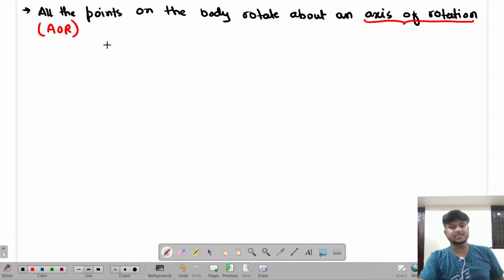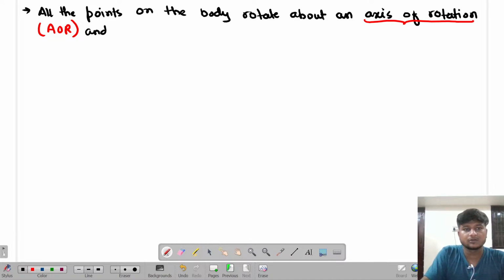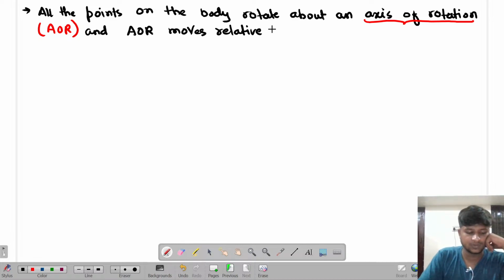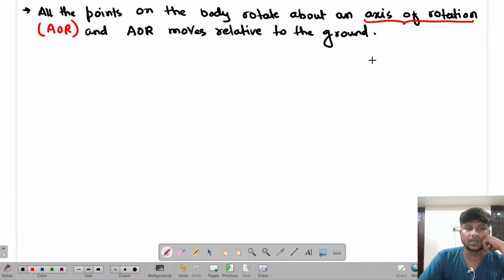Now the idea is that all the points on the body rotate about an axis of rotation, and this axis of rotation actually moves relative to the ground, and such kind of general motions are called combined translational plus rotational motion.